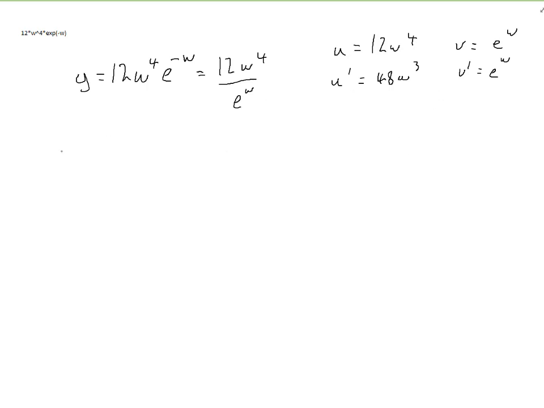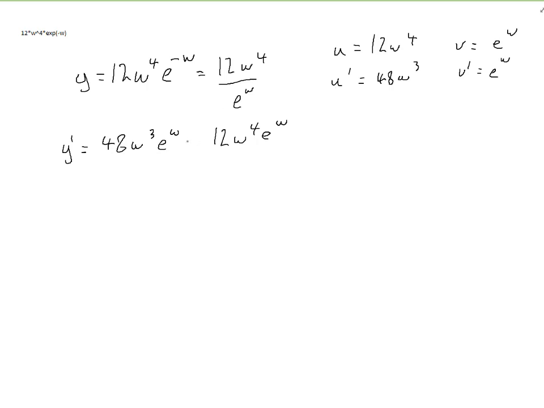Let's now assemble the answer, which is y dashed is going to be equal to this one differentiated times this one left alone. So 48w to the power 3 e to the power w. Okay. And then this one left alone and this one differentiated. So 12w to the power 4 e to the power w.